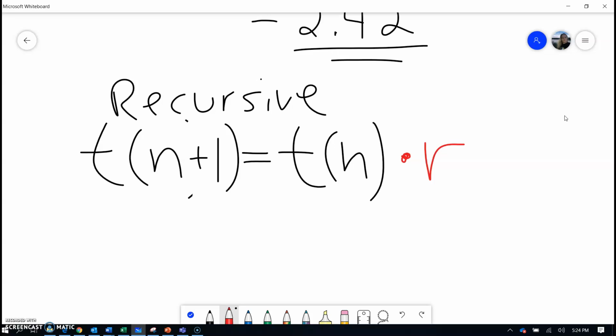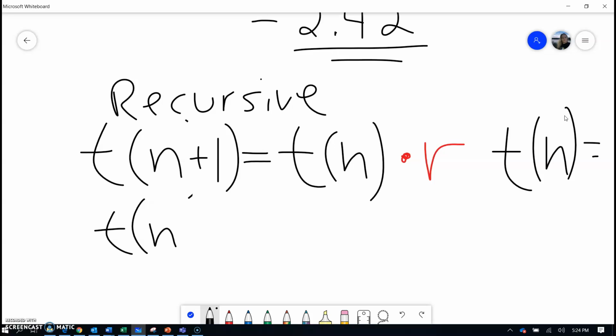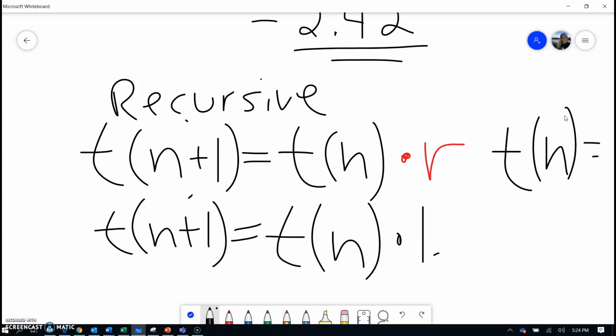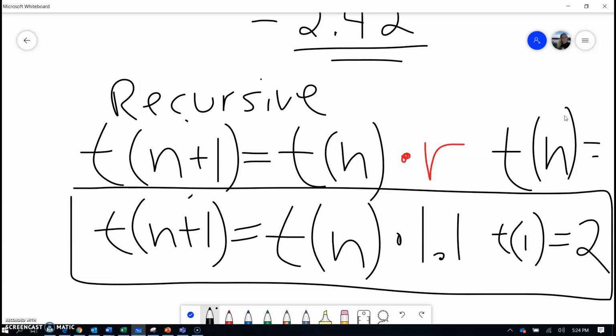It's also good to give a t of n value. So in this case, for t of n plus 1, we have to know t of n, and we have to multiply that by 1.1. We can give the added piece of information that t of 1 is 2. And that right there is your recursive formula.